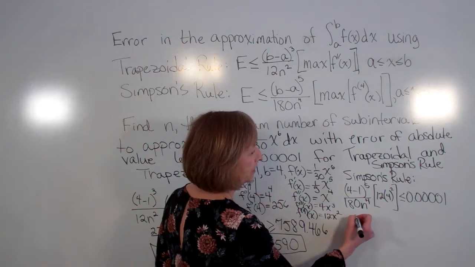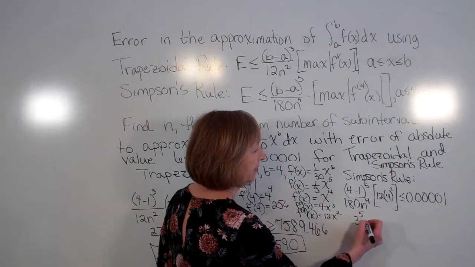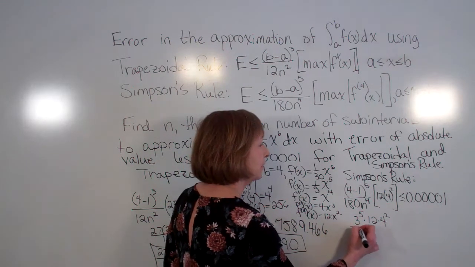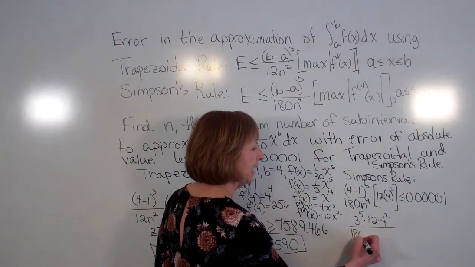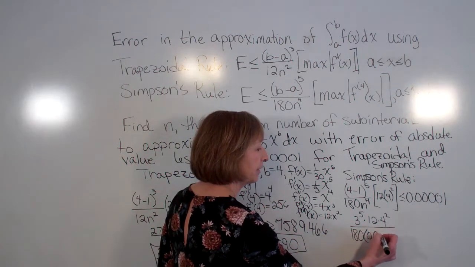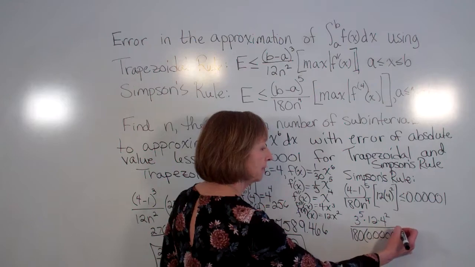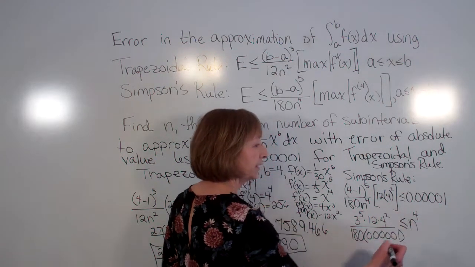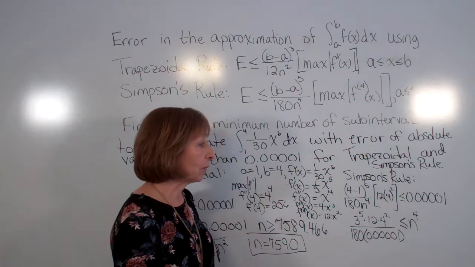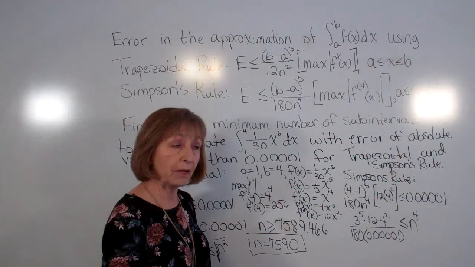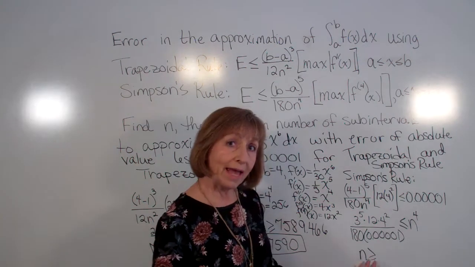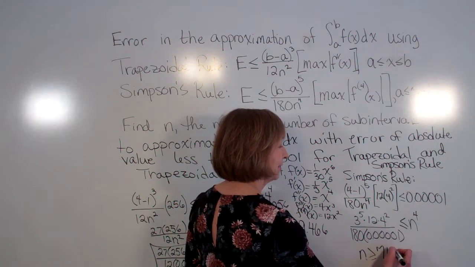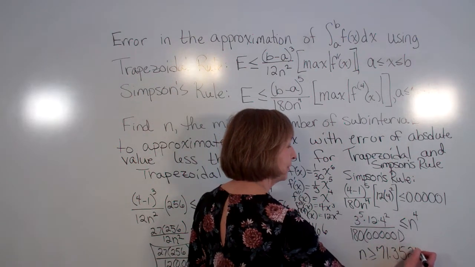And 4 minus 1 is 3, so I have 3 to the 5th times 12 times 4 squared over 180 times 0.00001 is less than or equal to n to the 4th. And then we take the 4th root of both sides. Our n is greater than or equal to 71.3524.